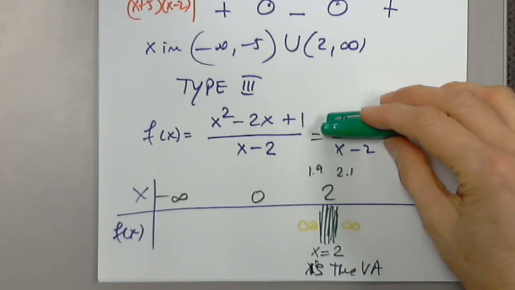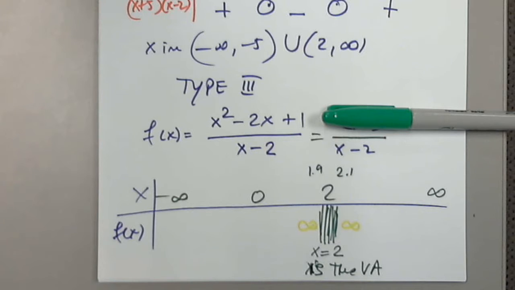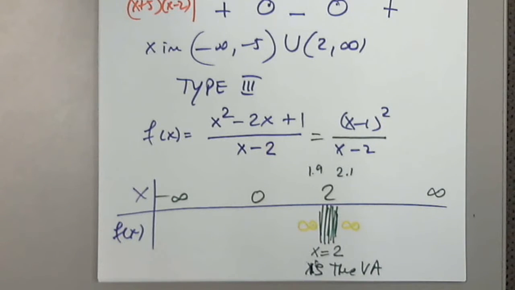There is no point in plugging in any number in the top. Why would I not waste my time plugging in any number in the top? Because no matter what I plug in, what's going to happen to the top? It's going to be squared. So every time I square something, what type of number do I always get?